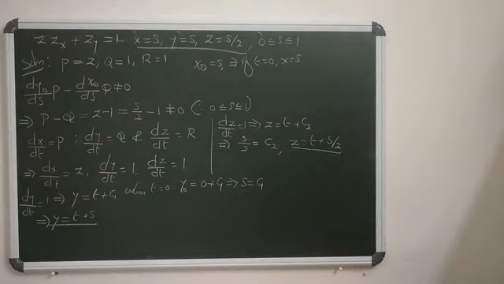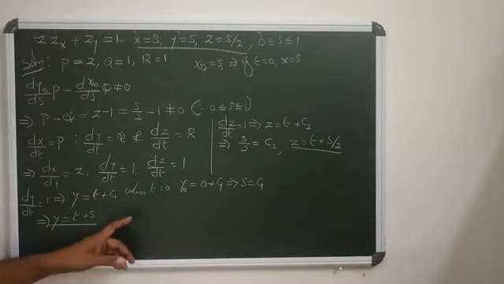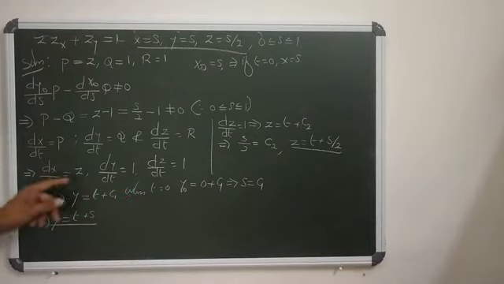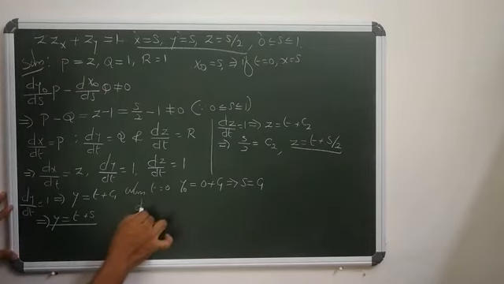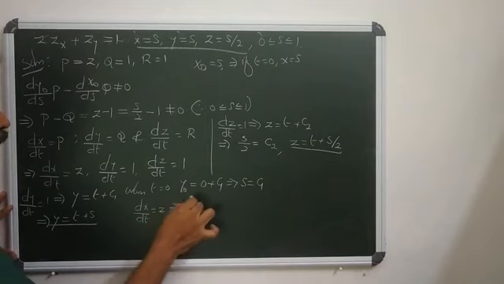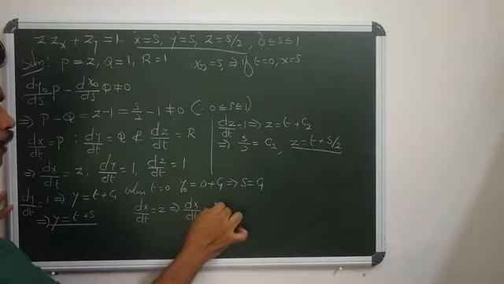Now again, what is dx by dt? Dx by dt equals h. What is h? It is z, which is t plus s by 2.